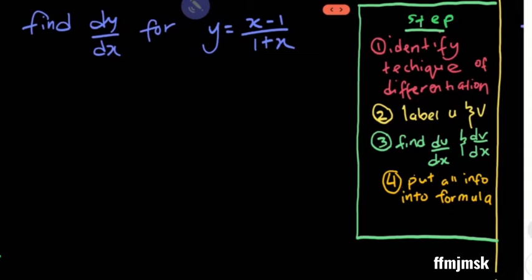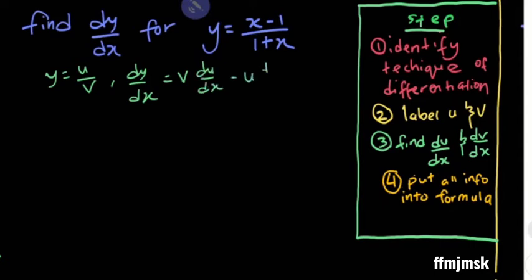Okay, so after you identify technique of differentiation, please write down the quotient rule. So the formula is given by y equal to u over v and dy over dx is equal to v du over dx minus u dv over dx divided by v squared.